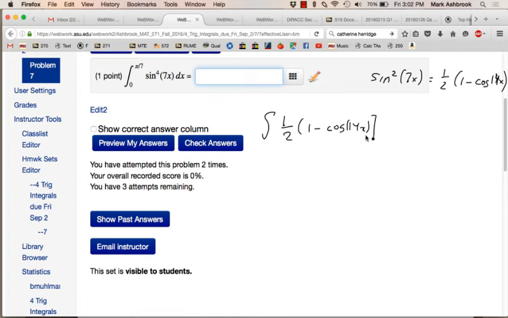So that whole thing, that's sine squared. And so now sine squared 7x needs to be squared. So from here, you're going to multiply out. And when you multiply out, you're going to have a constant term, piece of cake. You're going to have a term with cosine, piece of cake. And then your last term is going to be cosine squared. And how do you do cosine squared? Half angle again on cosine squared, and then you got it.